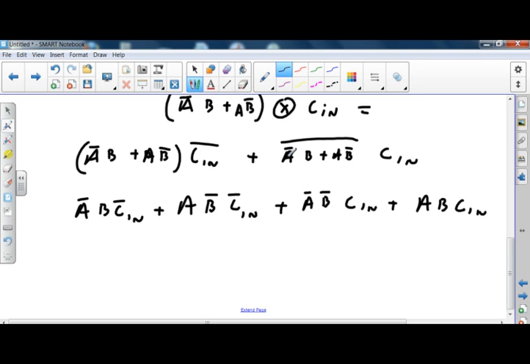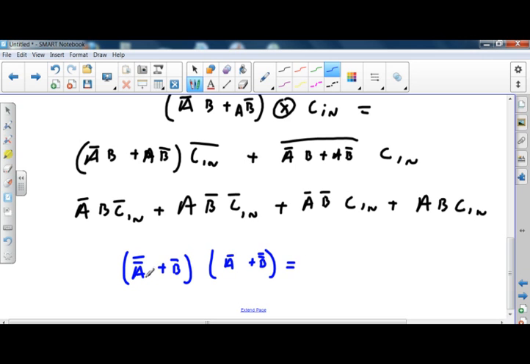So I recognize this as an exclusive NOR, and that's why I can write it as an exclusive OR. I can skip steps between there and here to get there. But if I didn't recognize it as an exclusive NOR, it would be A not or B not, and A not or B not.